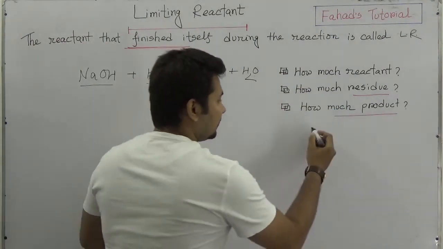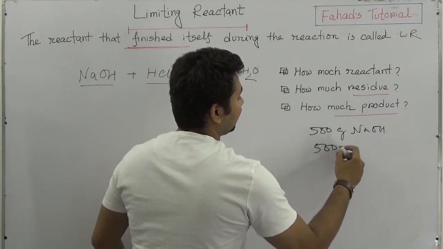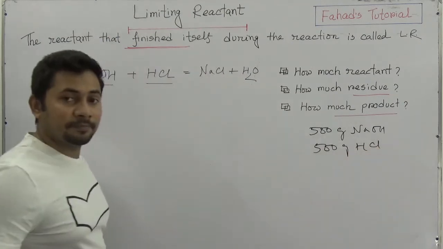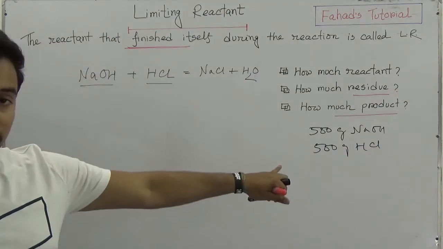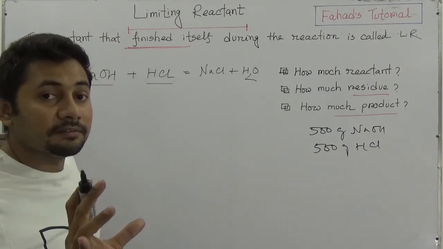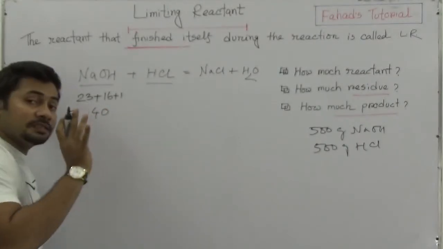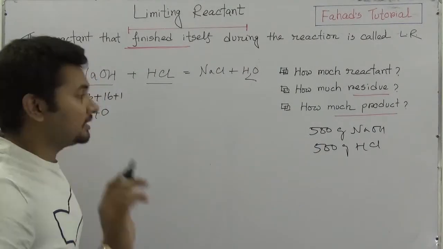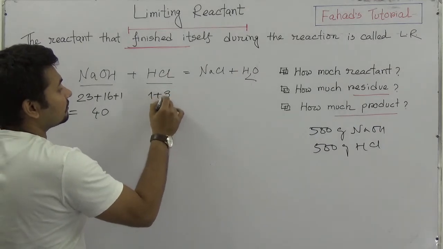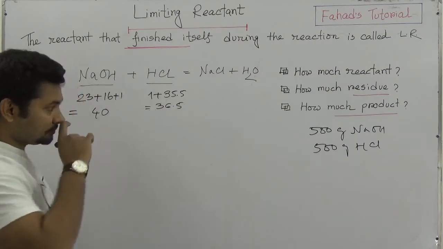This is your data, and now you find out the molecular mass. Sodium is 23, oxygen 16, hydrogen 1, so together it's 40. You are just calculating the molecular mass, and here hydrogen 1, chlorine 35.5, which is 36.5.